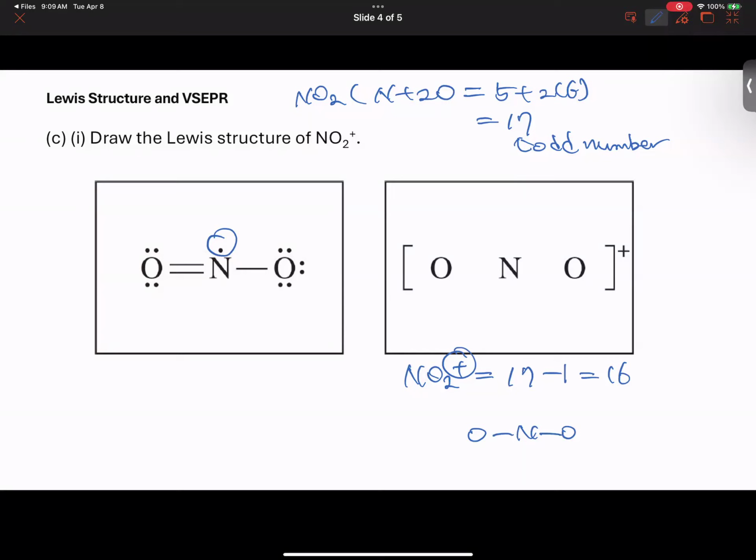A single bond is composed of 1 pair of electrons, 2 electrons. So far we have used 4 electrons. And then let's satisfy the terminal atoms first with octet, putting 3 lone pairs each. And I used all 16. I don't have any more electrons.